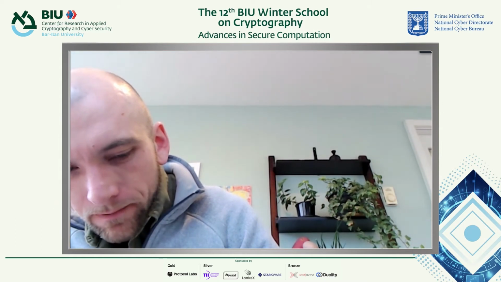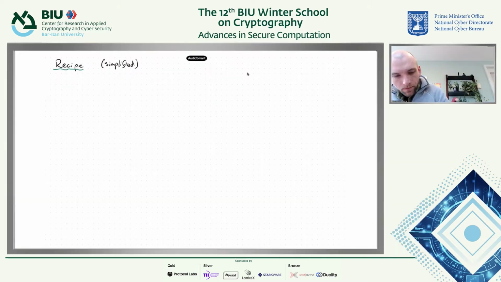Okay, so this is all seeming a bit abstract, but let me now explain how we use this to check the thing that we wanted to check. The recipe here, which is only lightly simplified, is as follows.